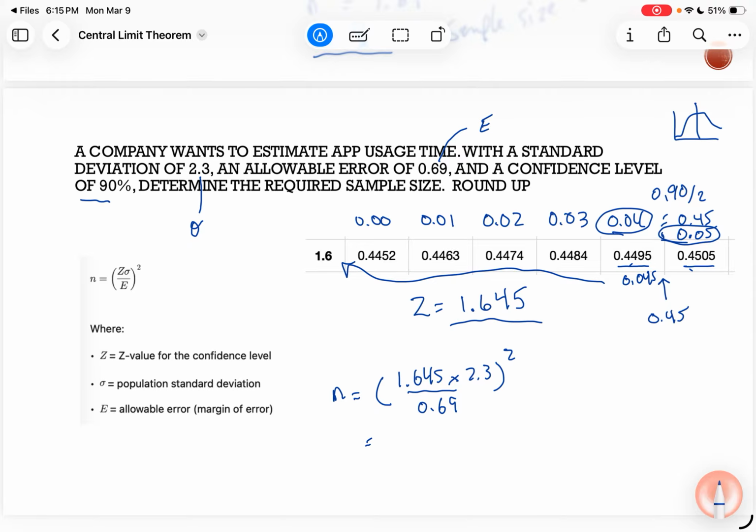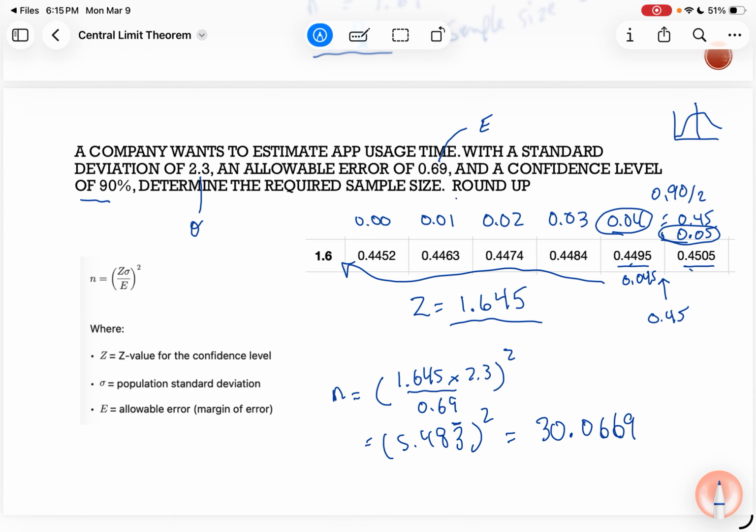Use your calculator: 1.645 times 2.3 divided by 0.69, and we get 5.48, repeating. Square that, and we get 30.0669.